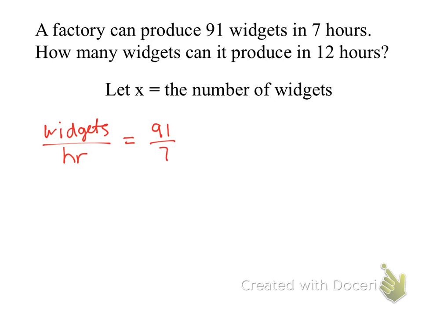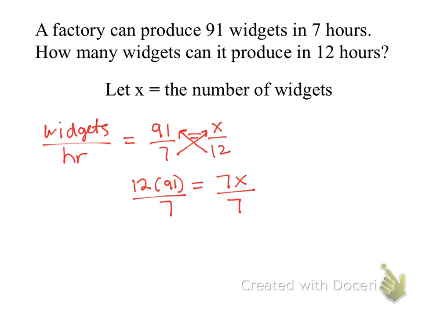Okay, and what do I get? 91 over 7 equals X over 12. Good. Okay, and then what would I do? You multiply 7 and X, you get 7X. And I'm going to show you something. 12 and 91. I'm not going to multiply it out because I'm thinking that 7 divides into 91, and it does. So I can simplify it before I multiply. So 7 goes into 7 once and into this 13 times.